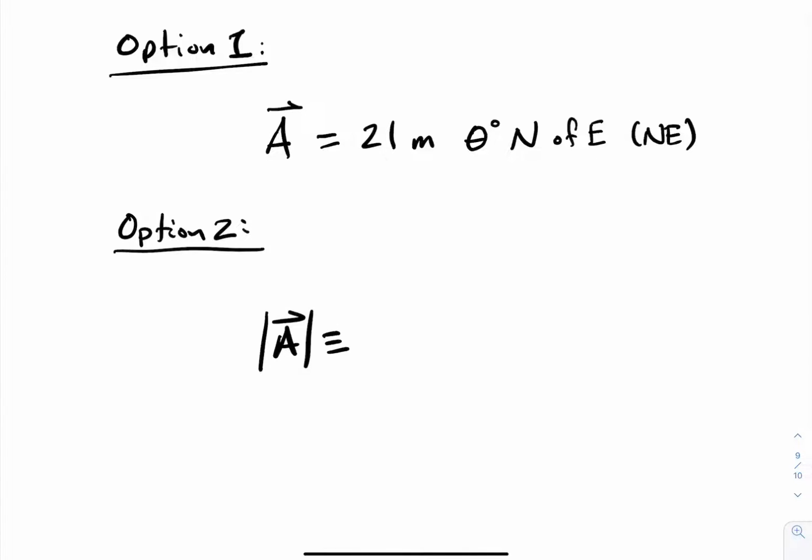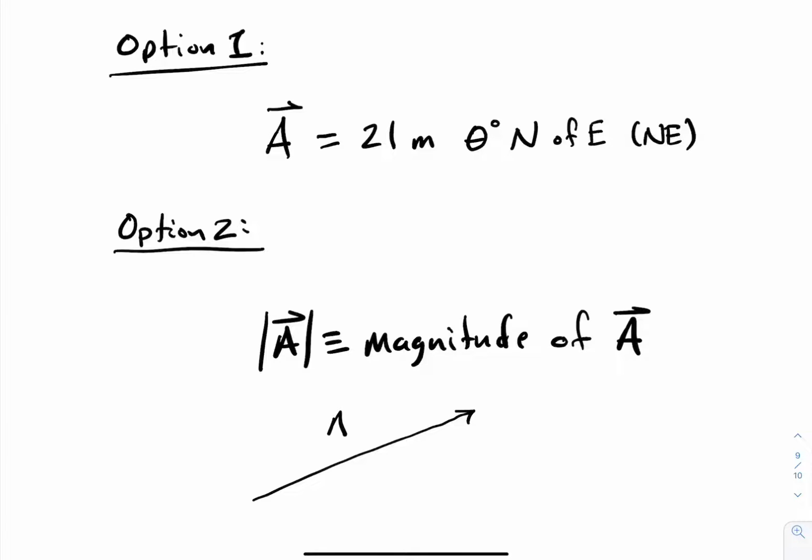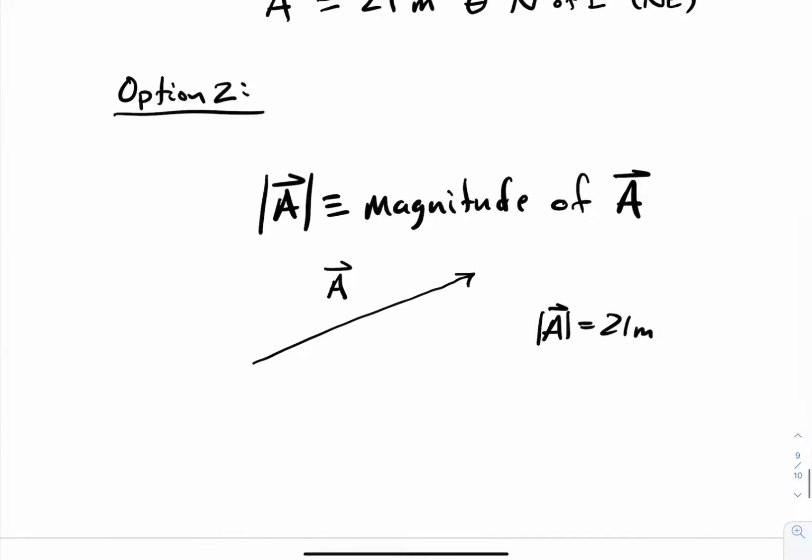That symbol means the magnitude of A. So we could give this vector as a picture, A. And then we could say that A is 21 meters. That is an actually acceptable form of the answer that I would take.